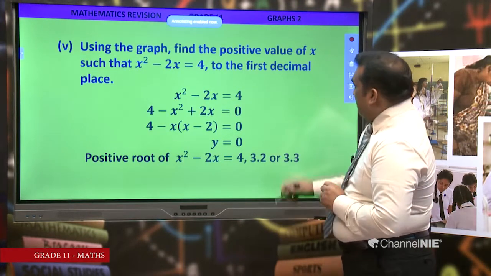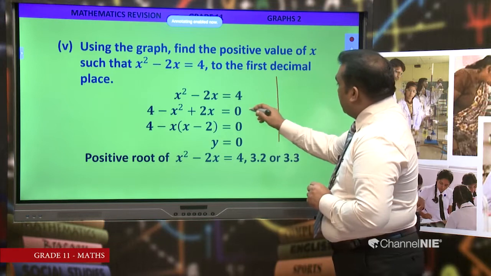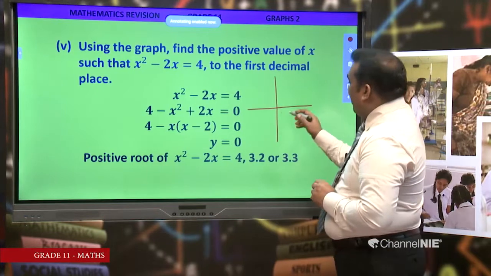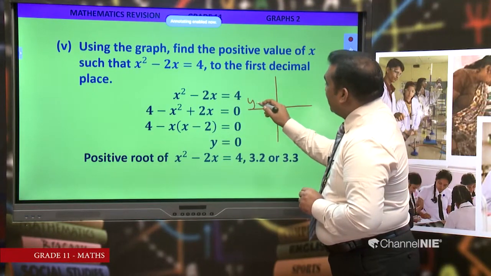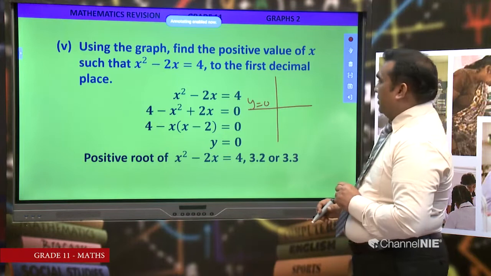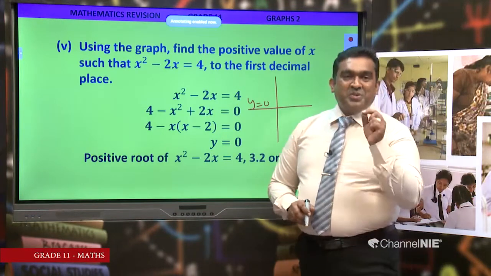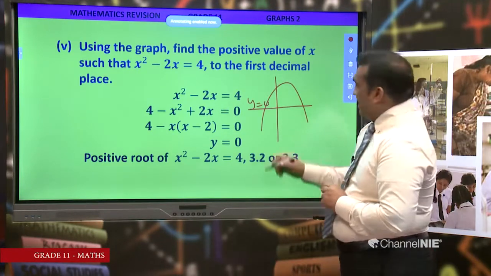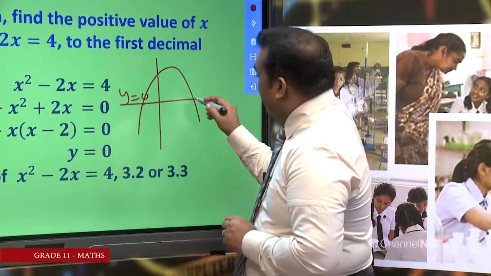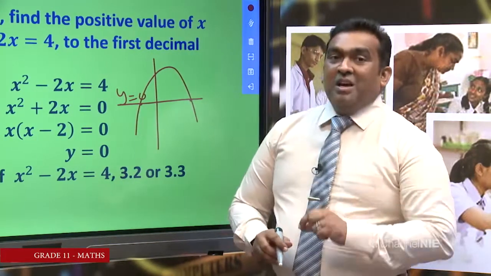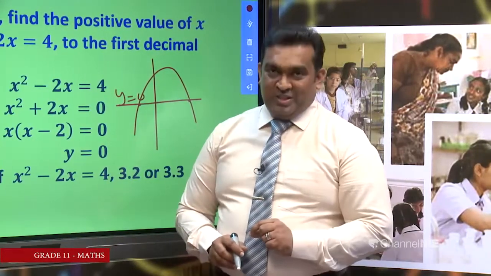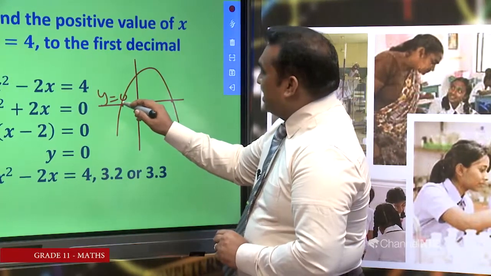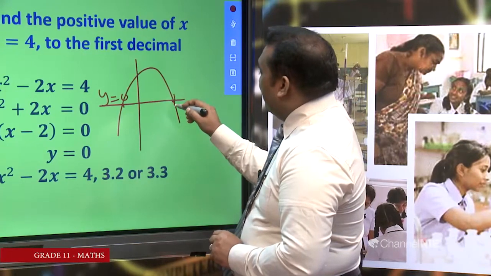Common points. This is your axis. We want to draw this one, y equals 0. Just suppose a curve like this. These points are called the roots of the quadratic equation. Now, this value is negative one, this is positive one.